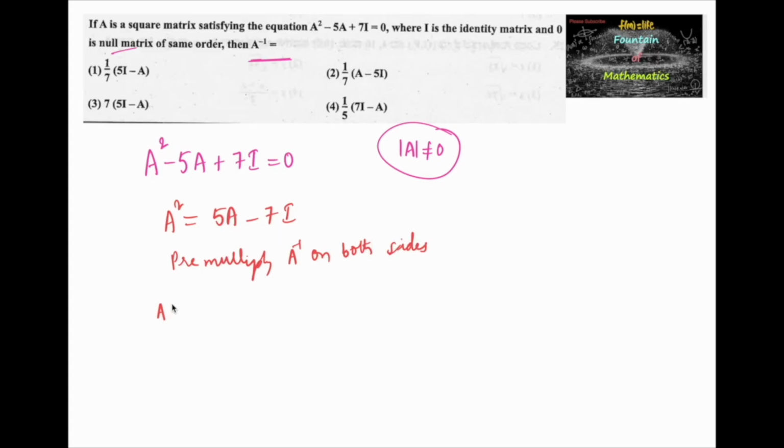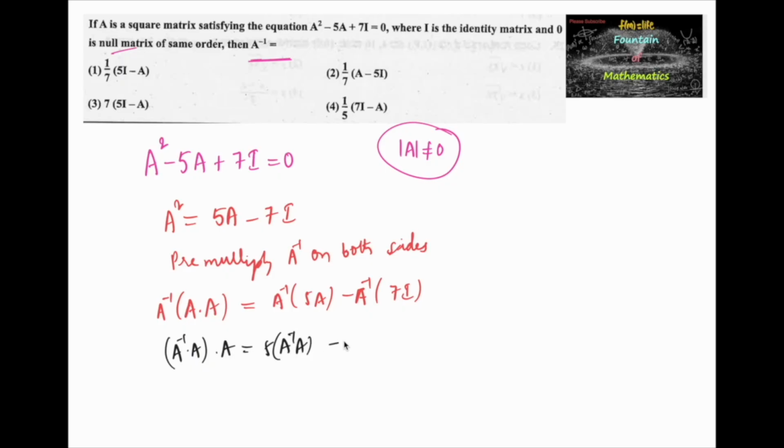So we can write A inverse into A square, we can write A into A, which is equal to A inverse of 5A minus A inverse of 7I. A inverse into A is equal to, we can write 5 times A inverse into A minus 7 times A inverse into I.